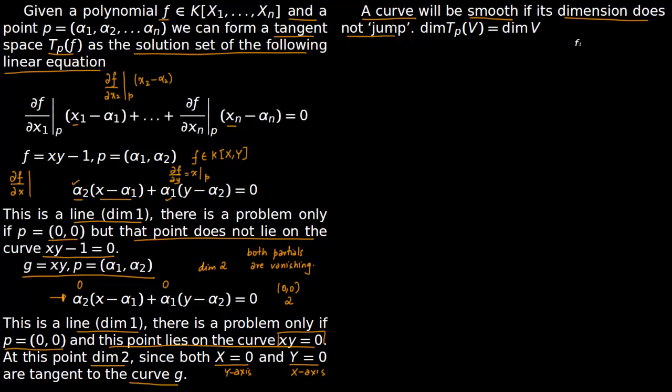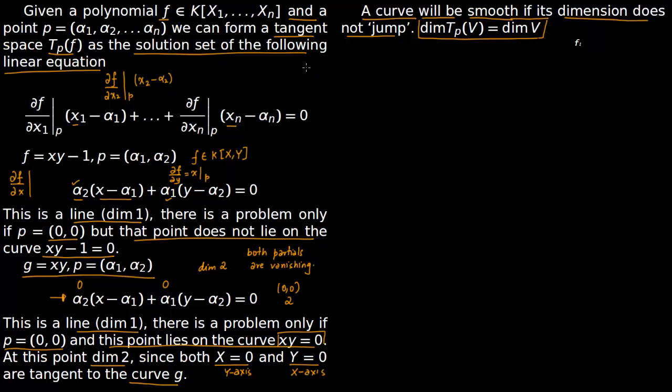Here the dimension was 1 everywhere except at the point (0, 0). At the point (0, 0), which lies on the curve xy equals 0, you plug in x and y as 0 and get 0 equals 0, and it jumps to 2. Everywhere else it is 1, and there is a jump at the origin. If the dimension jumps, then you call it singular. The proper definition is that the dimension of the tangent space has to be equal to the dimension of your variety. The intuitive way to remember it is that all partials should not vanish simultaneously.